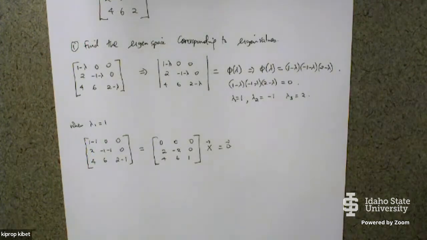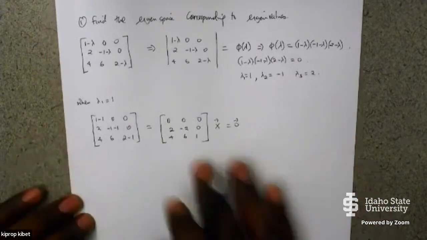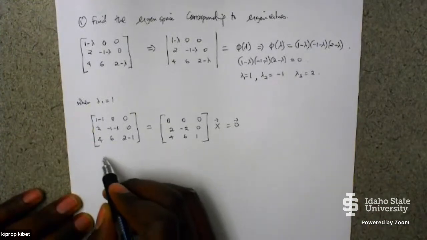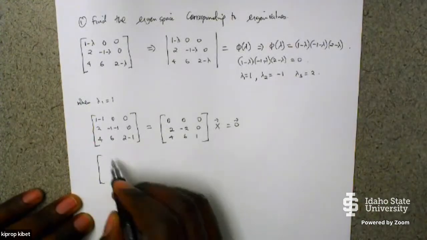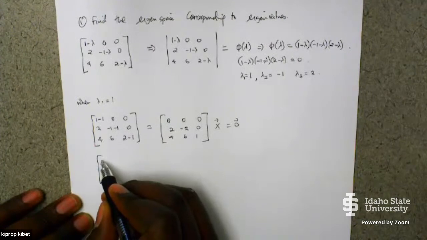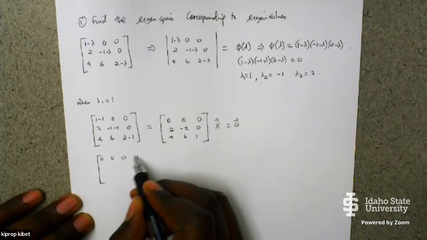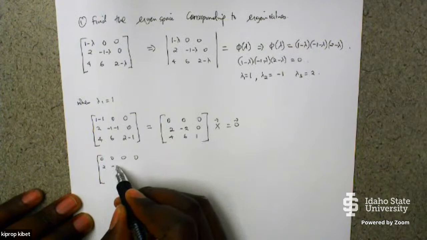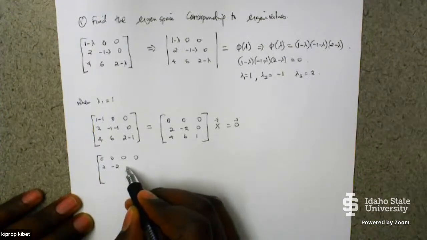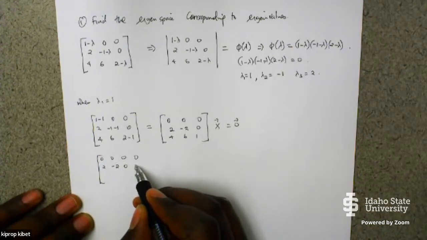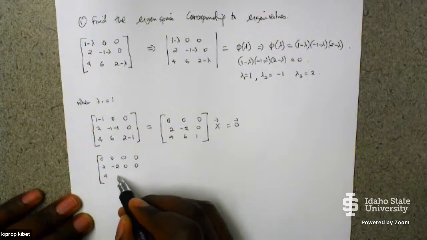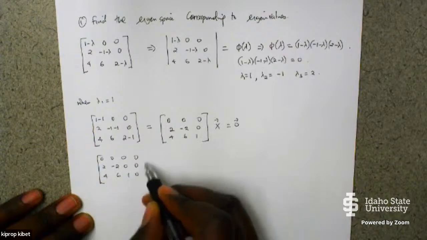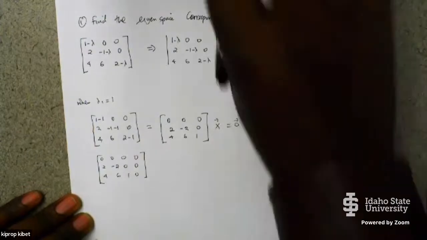Writing this in augmented matrix form, we get 0, 0, 0, 0; 2, minus 2, 0, 0; and 4, 6, 1, 0.